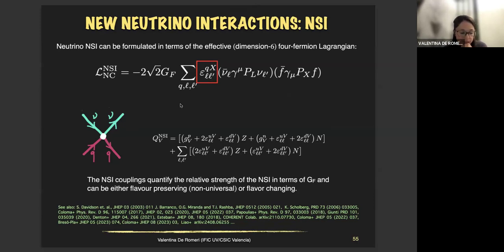So to compute the CEvNS cross-section in this case, we just need to modify the weak charge using this expression here. The weak charge, I remind you, is the one that encoded the N-squared dependence. Now we have, of course, also some new parameters, these epsilons that are the NSI parameters that now enter the expression for the weak charge.